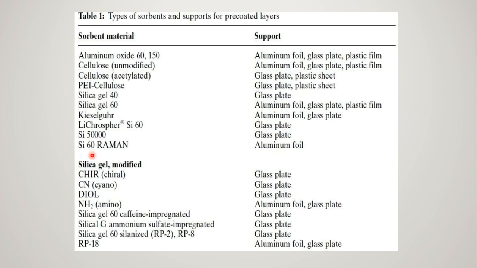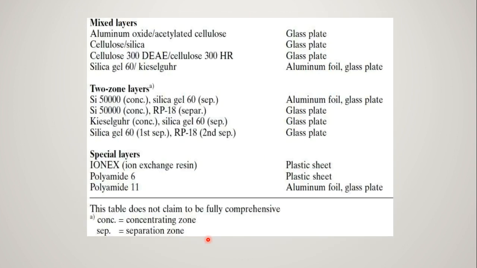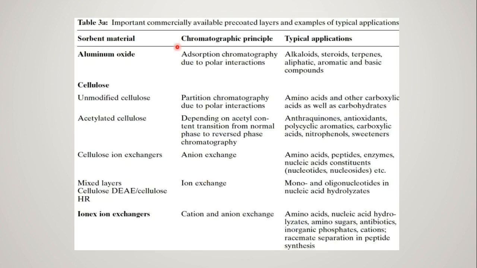But if we use reversed phase chromatography, then we have to apply non-polar or less polar silica gel as the stationary phase, which is functionalized with hydrocarbons like RP-18 and RP-8. So these are all the sorbent materials which are available commercially.